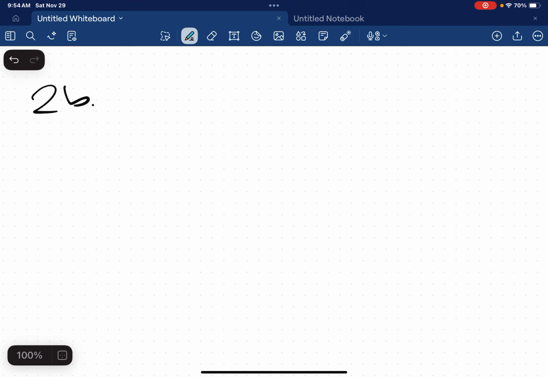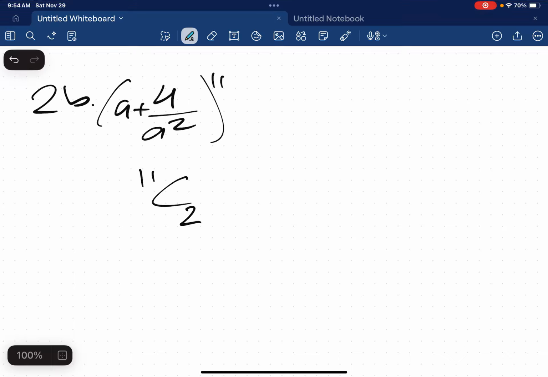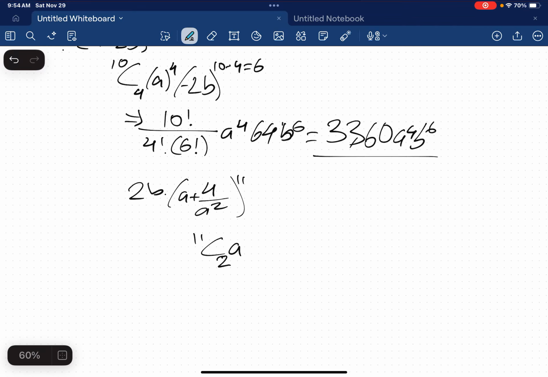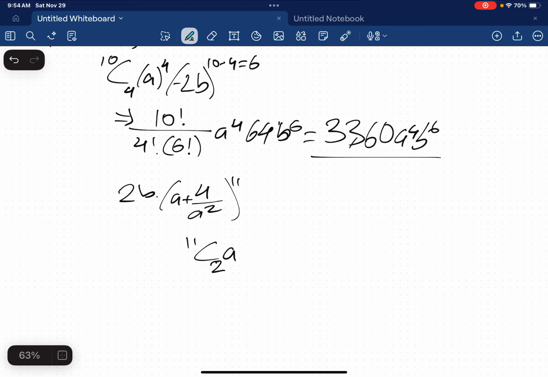Okay, 2b. We have the 3rd term of a plus 4 divided by a squared, to the power of 11. The 3rd term, this is going to be 11 choose 2. And we're going to have a... wait a minute.